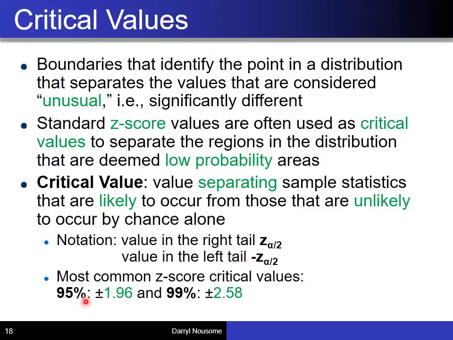Okay, so our most common z-score critical values are these. If we use 95%, we have 5% total in terms of our alpha. So that means we divide that by 2, right? So now what we're looking at is a 0.025 alpha on each side. If you look at your table, you could look for 0.975, which separates the left side from the right side if you're looking at the right tail. And if you're looking at the left tail, you would just look for 0.025.